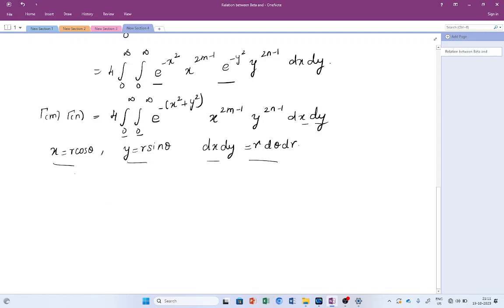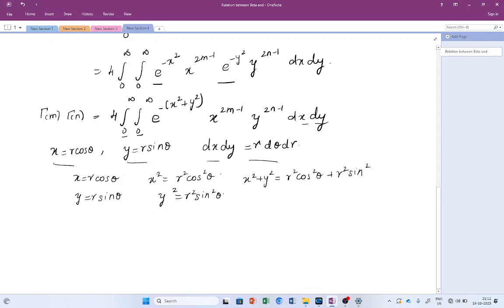Okay, so now we know that x is equal to r cos theta and y is equal to r sin theta. If I square this, I'll get x square is equal to r square cos square theta and y square is equal to r square sin square theta. Now if I add these for x square plus y square, it will be r square cos square theta plus r square sin square theta.